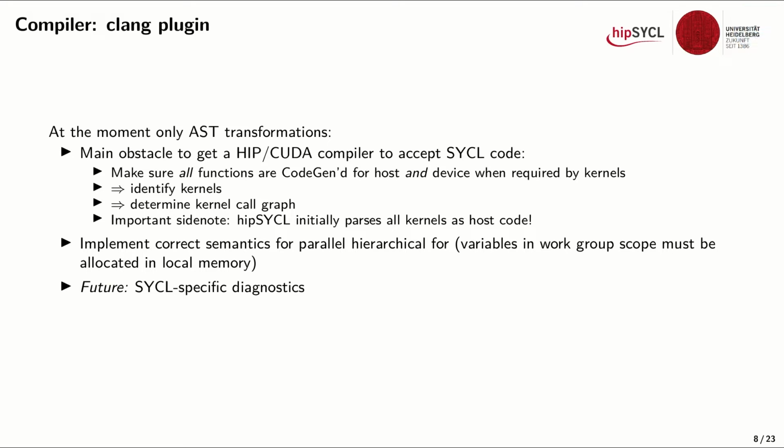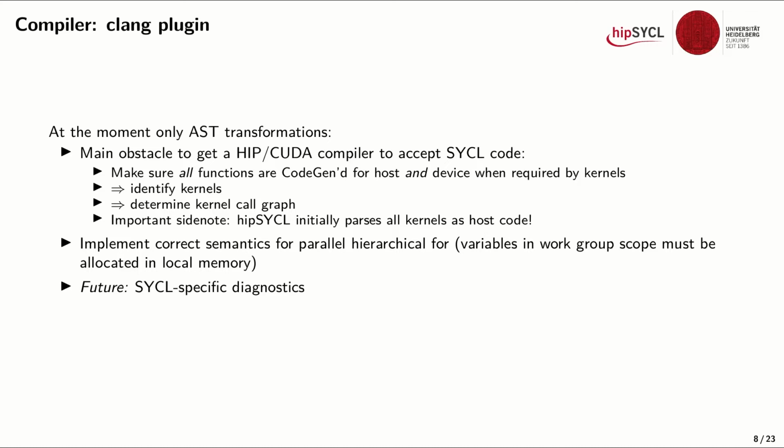The clang plugin at the moment employs exclusively AST transformations. And the most important thing that you need to get to work if you want to get a hip or CUDA compiler to accept SYCL code is you need to make sure that it automatically compiles all code required by kernels for device as well.